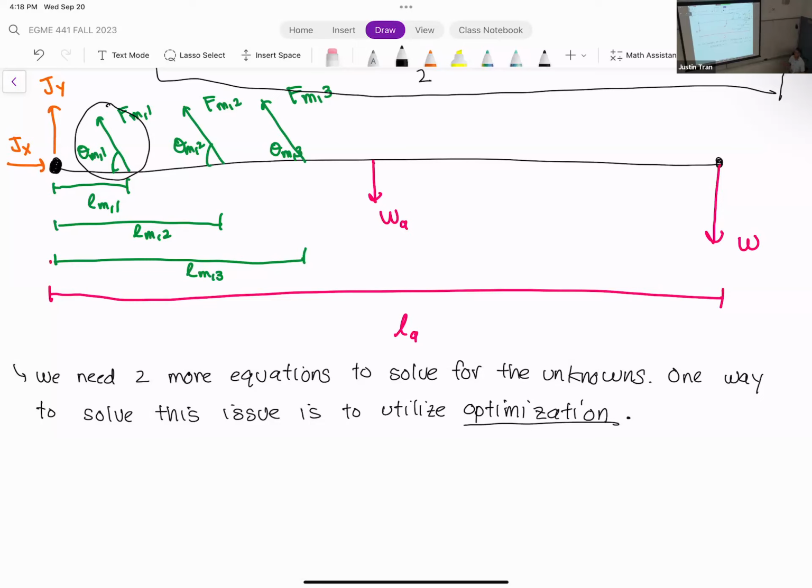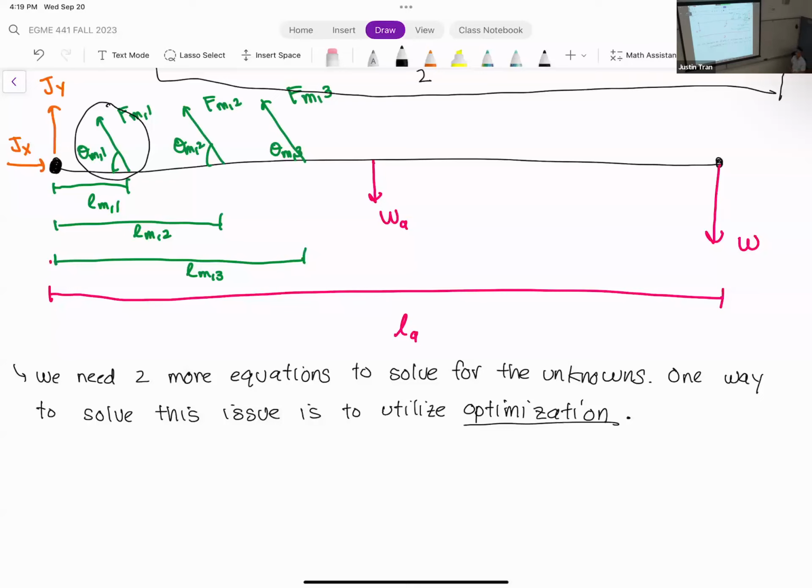If you're unfamiliar, optimization is basically a way to solve these kinds of systems where you have too many unknowns, or too many, what we call in that class, design variables, and not enough equations. What optimization will do is allow you to come up with answers that satisfy those equations in the best way possible.